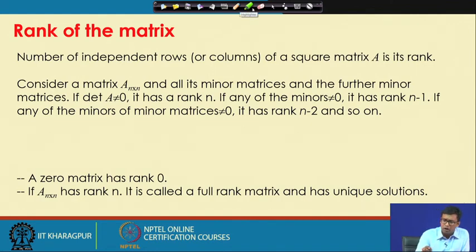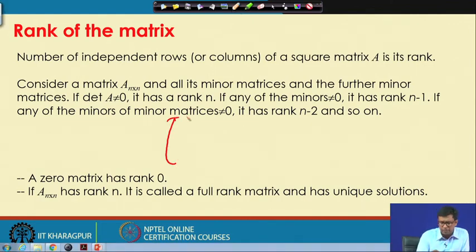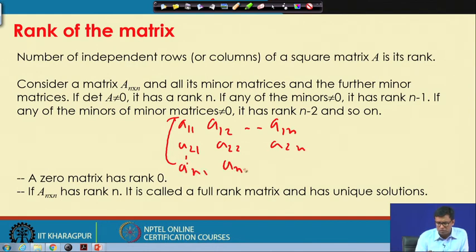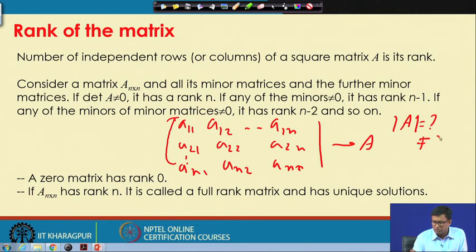So, how will we calculate rank? For example, I have matrix A11, A12, A1n, A21, A22, A2n, An1, An2, Ann. I will check the determinant of A. If it is non-zero, rank is n.